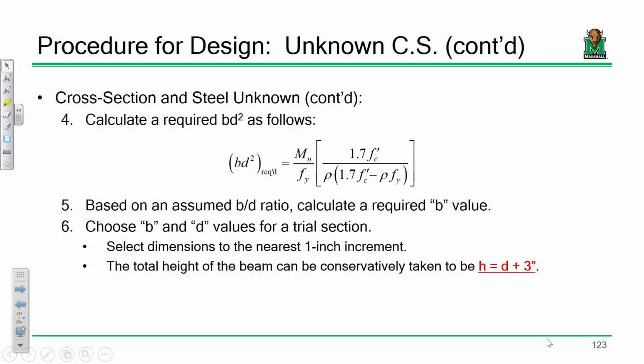Now, I'm choosing b and d. The total height of the beam is usually going to be the depth plus about 3 inches. And the reason why is this. Let me erase this. Here's the concrete beam.